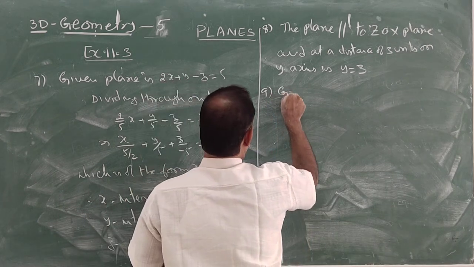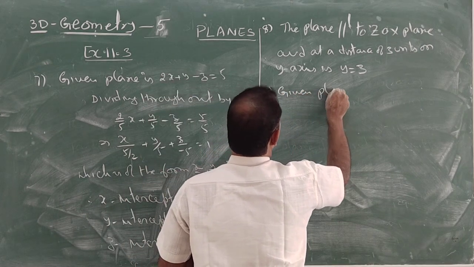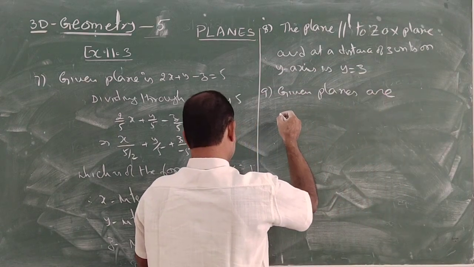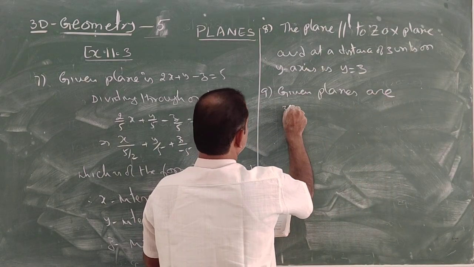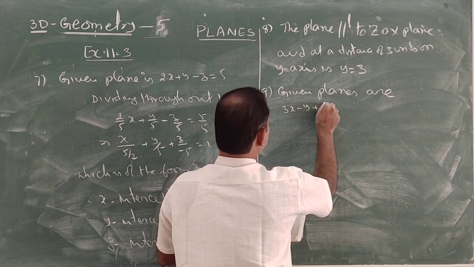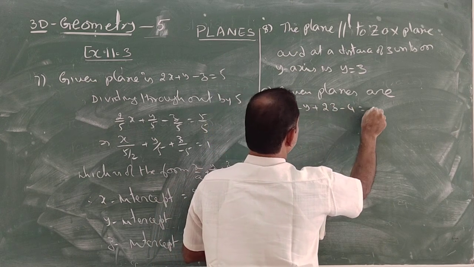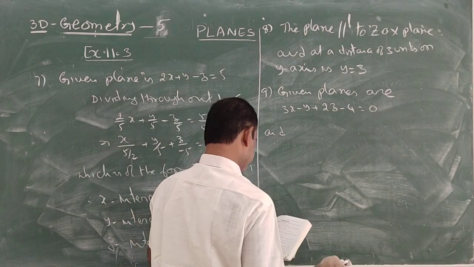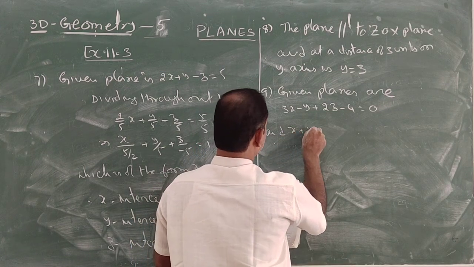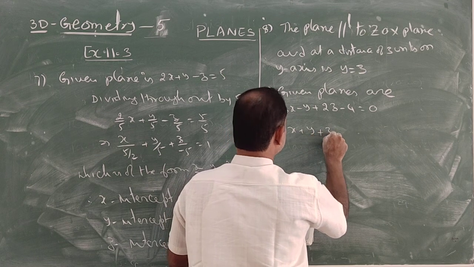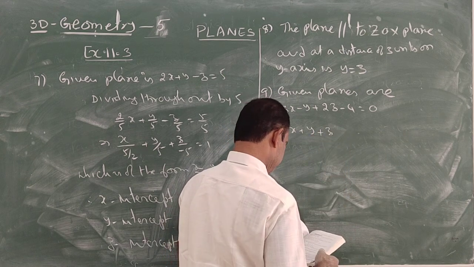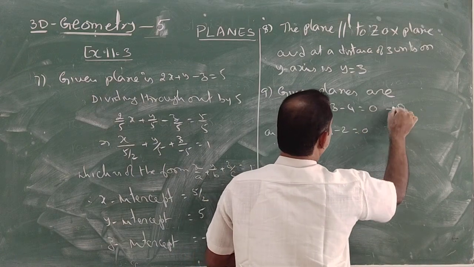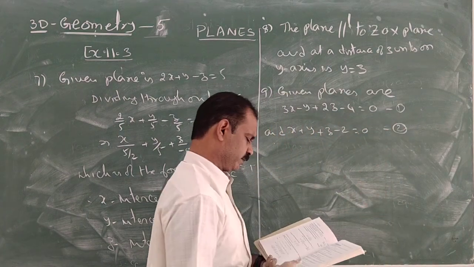Given planes are 3x minus y plus 2z minus 4 is equal to 0 and x plus y plus z minus 2 is equal to 0, named as 1 and named as 2.